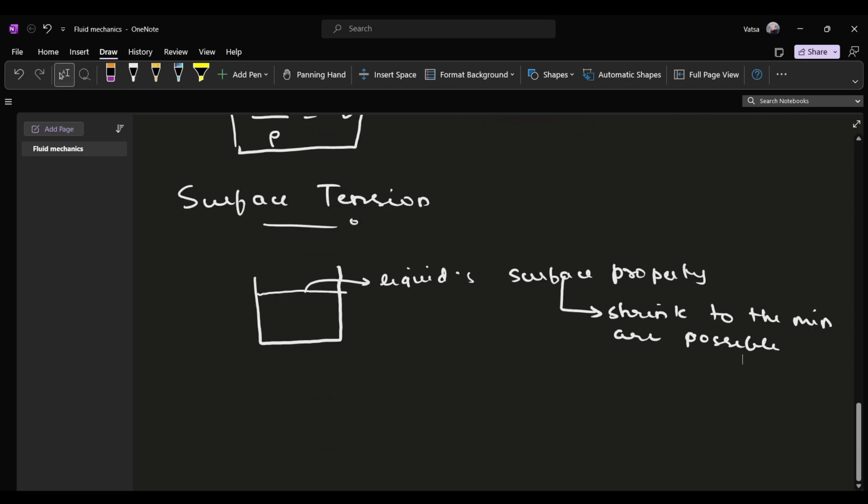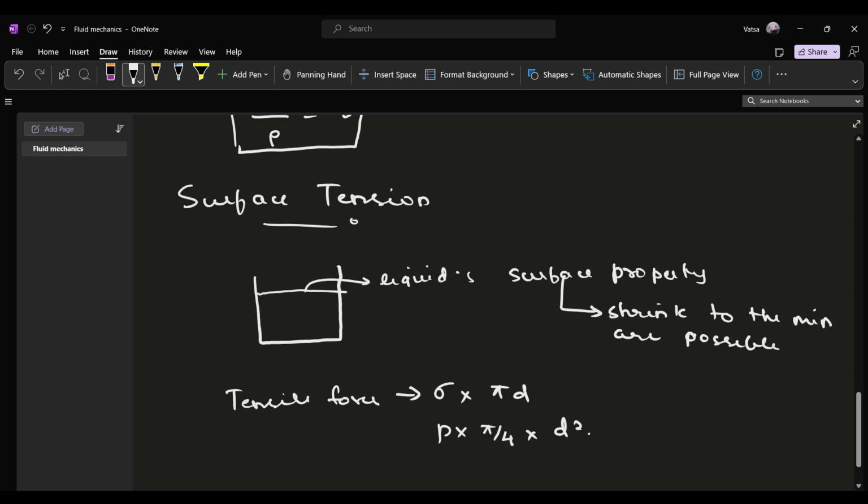So, surface tension's tensile force can be written as stress into pi d, while pressure force is written as pressure into pi by 4 into d square.